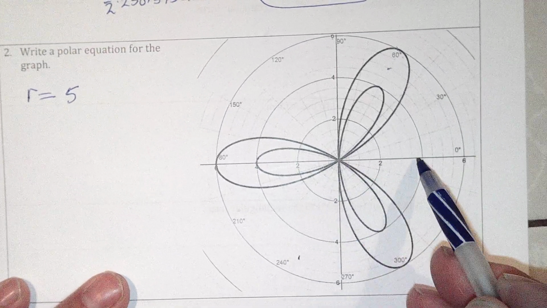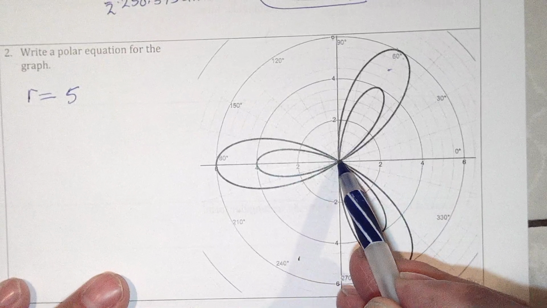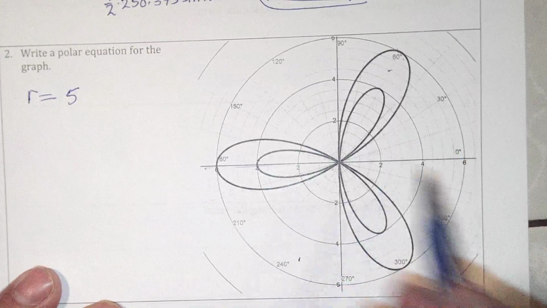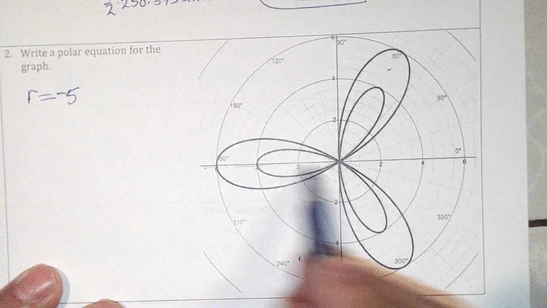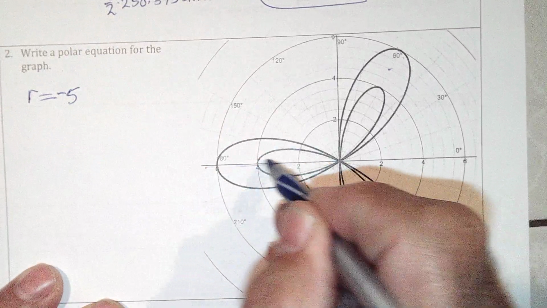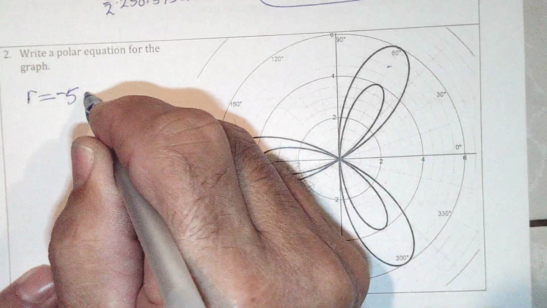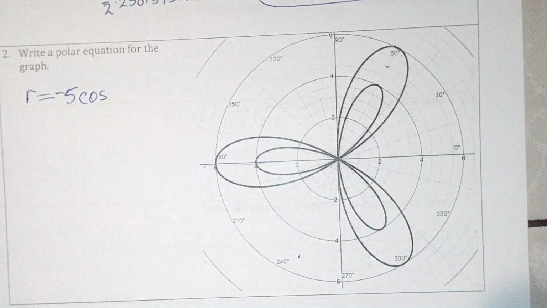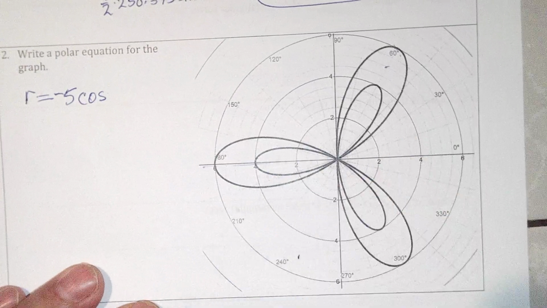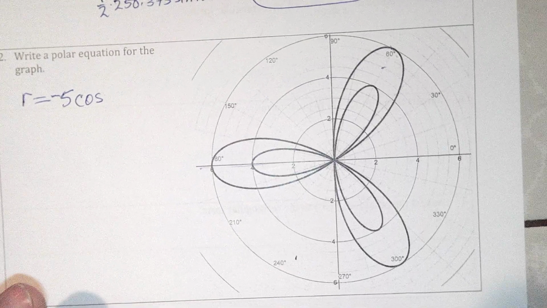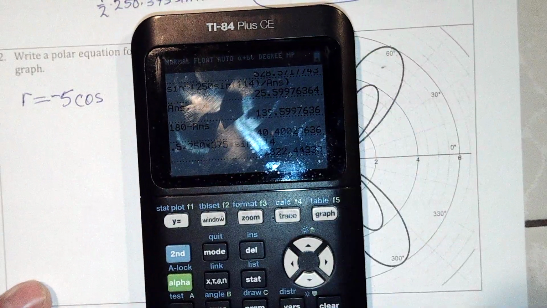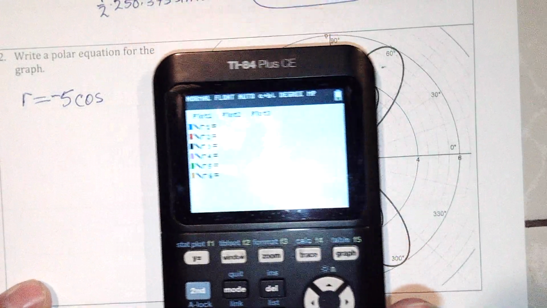See, this doesn't seem to be starting on the x-axis, or maybe it is over here, starting on the negative x-axis. So maybe it's negative. So when it starts at 0 degrees, it's going a negative radius, -5 cosine. So if I go 5 cosine, and I've got 3, so I'm thinking it's either 3 theta or maybe 6 theta, I'm not sure. So I'm going to go to my calculator and do a little estimating here.